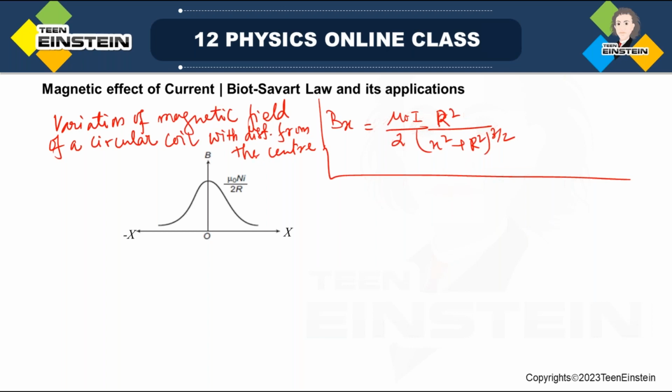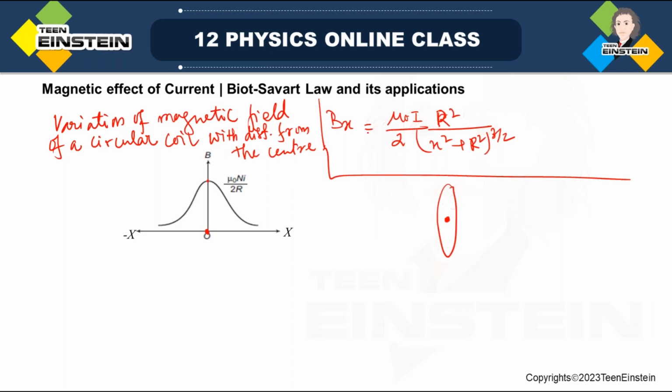Okay, in this case, it is the x-axis, right? In our case, the magnetic field is developed on the x-axis of the loop. And if I'm at this particular position, the axial point is just coinciding with the center of the loop.